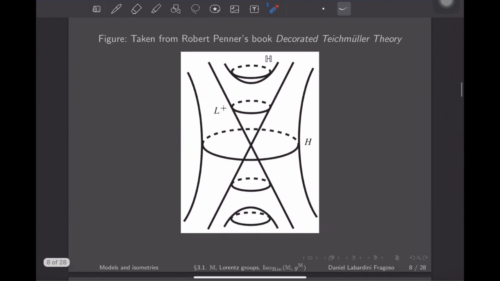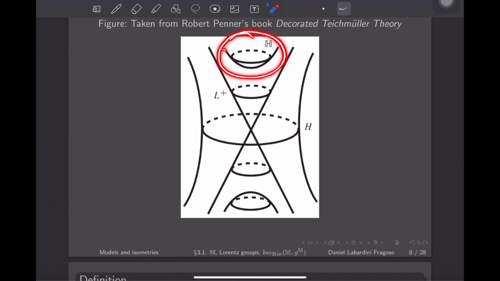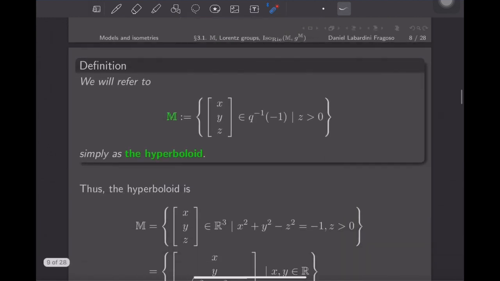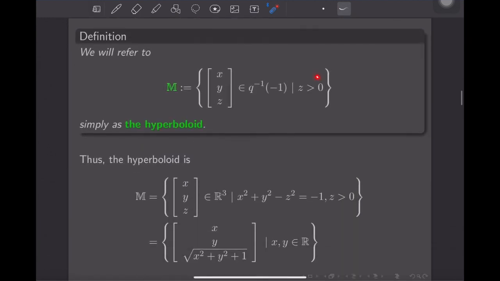So I have these two sheets, but I'm going to ignore one of them, and focus only on the upper one, the upper sheet of the hyperboloid. And this upper sheet I'm just going to refer to as the hyperboloid.